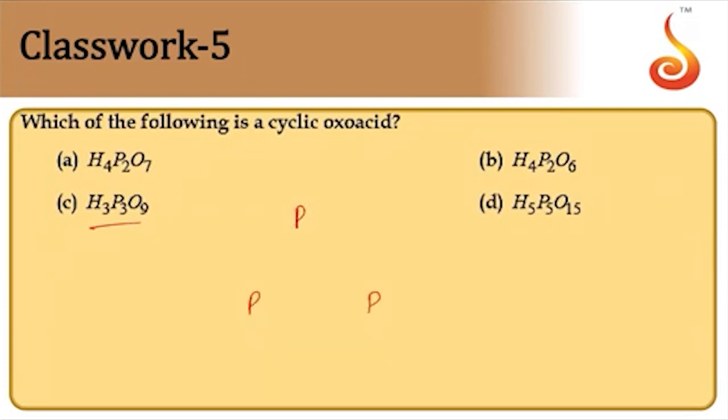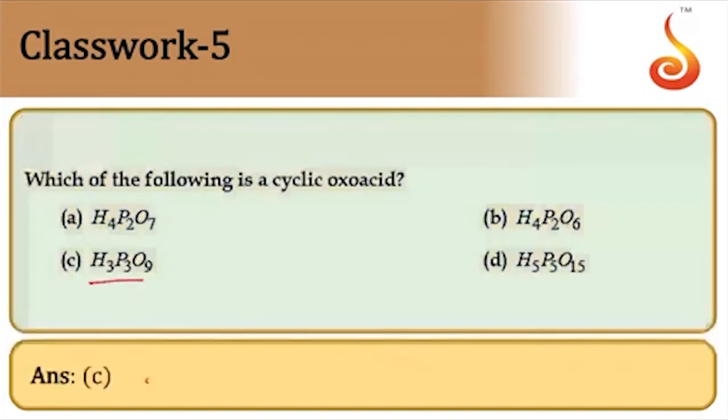Each phosphorus has one double-bonded O and one OH group. Between these, there is an oxygen bridge. It is a trimer, so the cyclic one is H3P3O9. So the answer is option C.